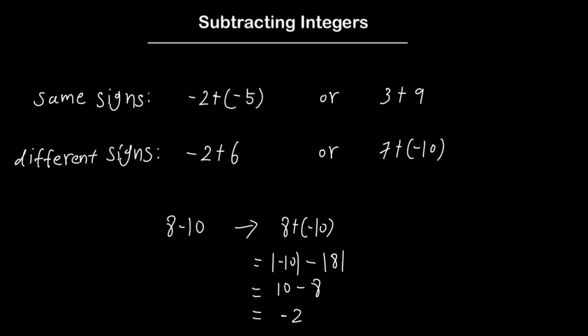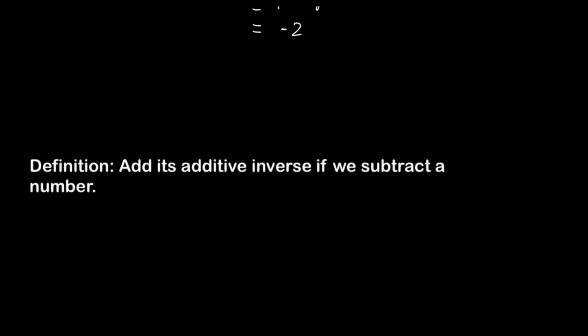This is how we do it, but I also want to give you the definition of subtracting integers. It is to add the additive inverse. If we have 7, its additive inverse is negative 7. What about negative 6? Its additive inverse is 6, just the opposite sign.